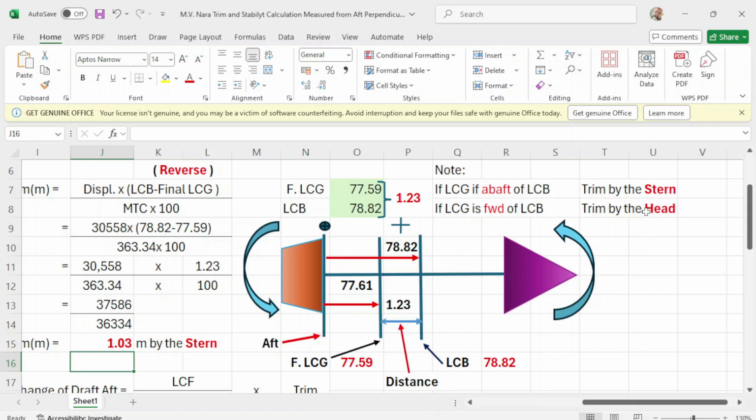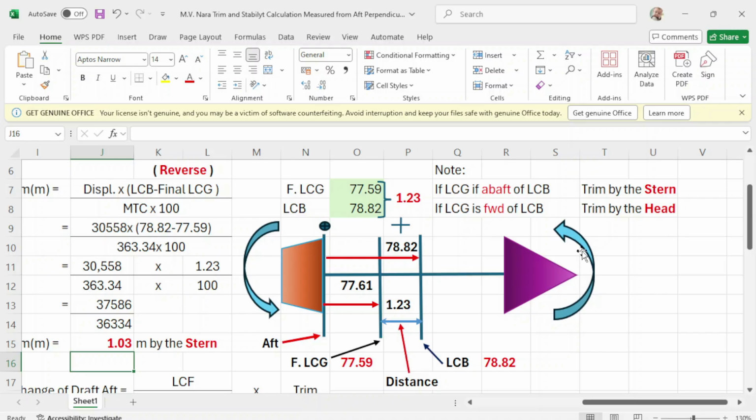Why stern? Look guys, the center of buoyancy, the pressure of the water because of the buoyancy, the tendency of the vessel forward is to rise up. So it will go up, and the weight at the center of gravity G, the tendency of the weight is to put the vessel down. So the aft part of the vessel will go down, and because of the buoyancy of the water, the forward part of the vessel will rise up.